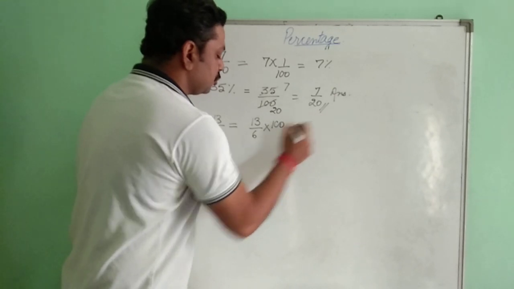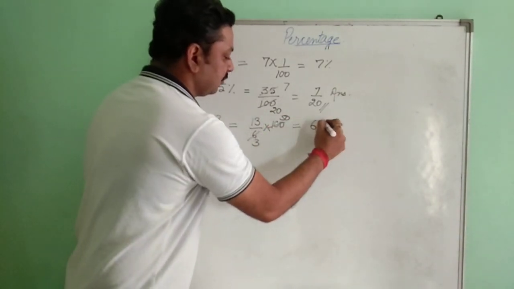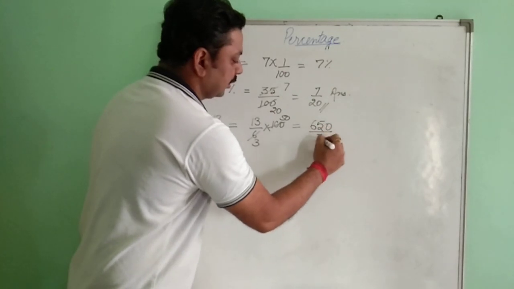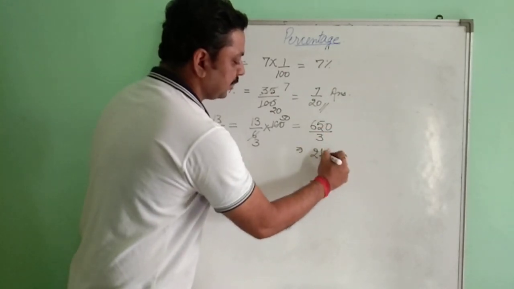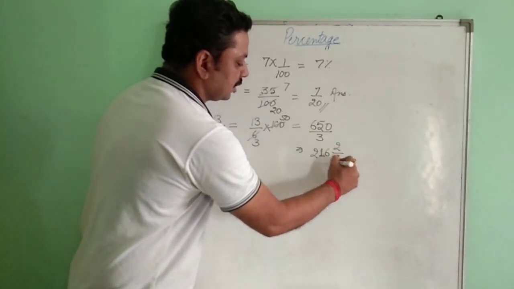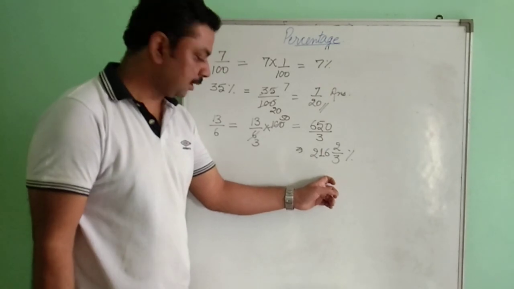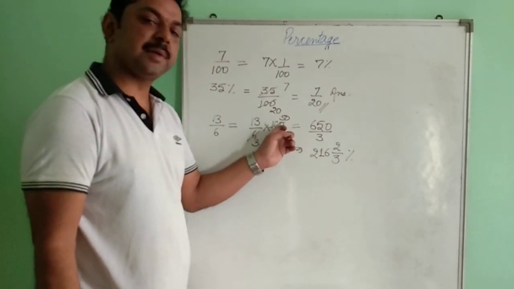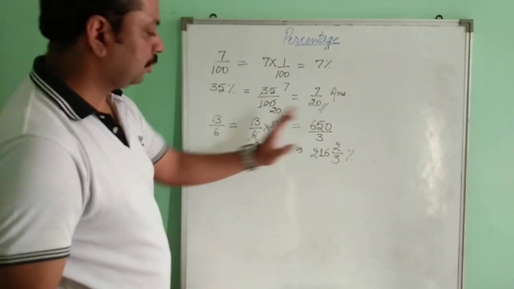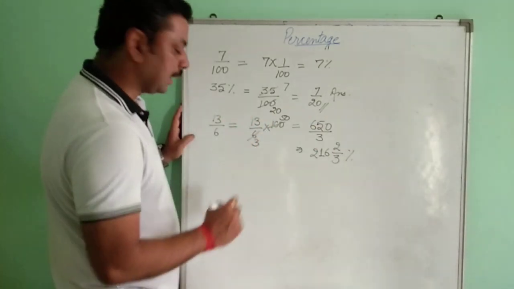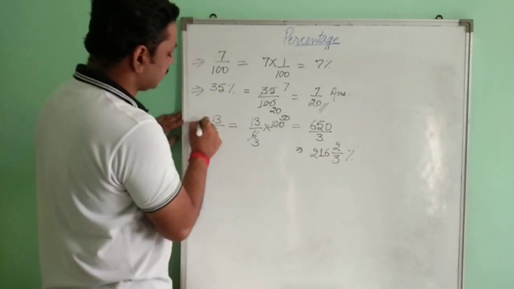So that is going to be 1300 upon 6, which gives 216 2 by 3 percentage. Clear? This is your first, this is your second, this is your third.